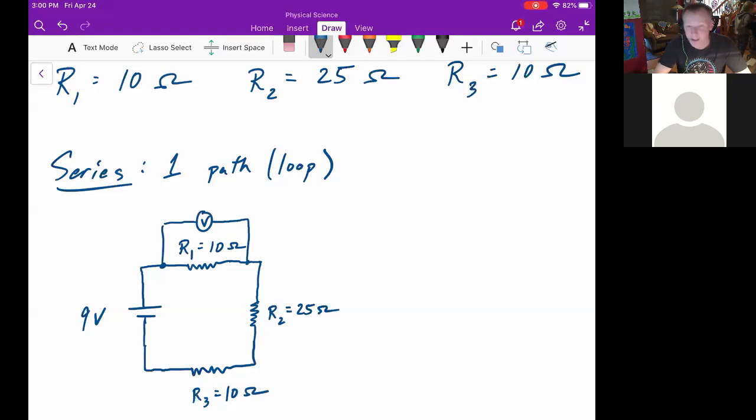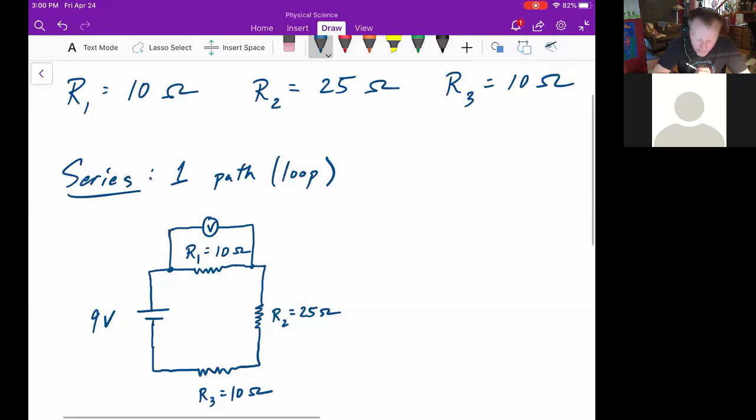I don't have to put any sort of measurement next to that voltmeter, just enough to indicate that it is there. And then I also want to put an ammeter in, and an ammeter actually is part of the circuit. So if I wanted to measure it right before it's going into R3, I actually have to break up my drawing and put it in right there. So I will do that. Got it, yep, that's what I thought.